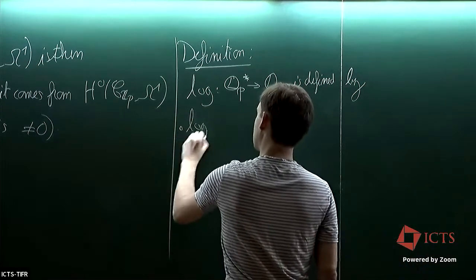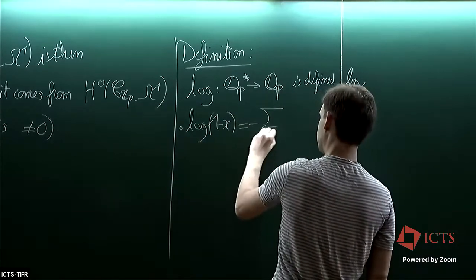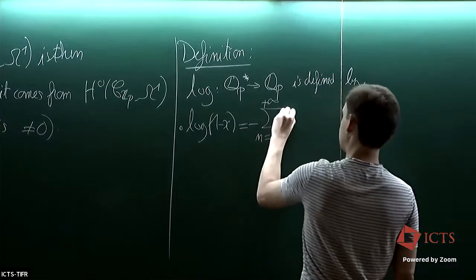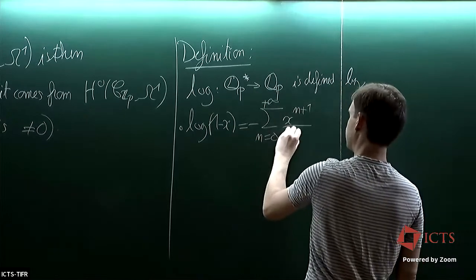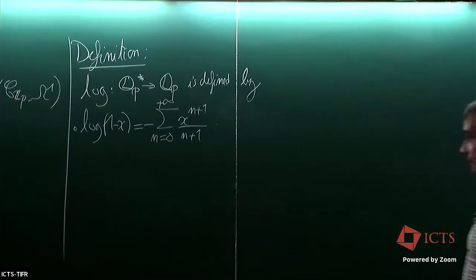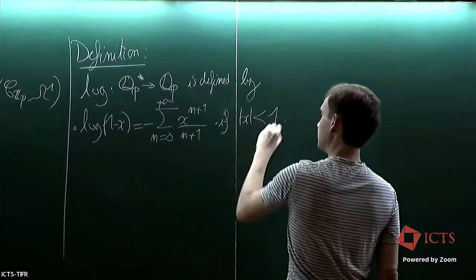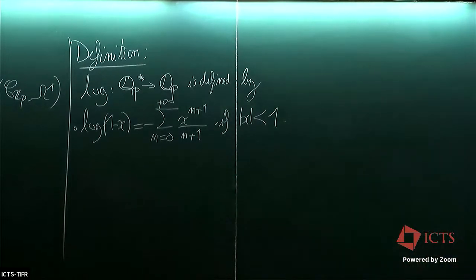First, log of 1 minus x is minus the sum of x^(n+1) over (n+1). And this is for all x of norm less than 1. So this is the usual power series.